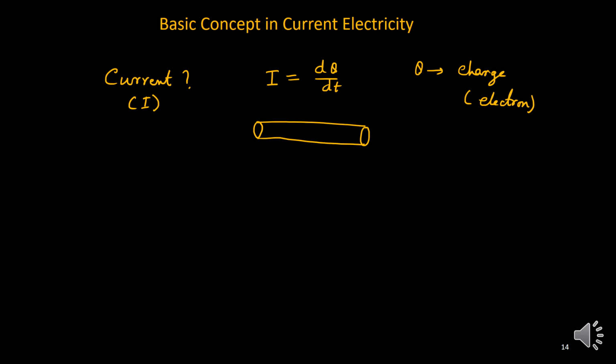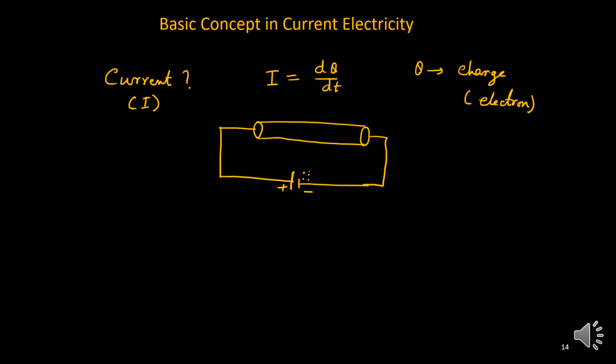To get the electrons flowing, we connect a potential source or battery to this conductor. This battery source has two polarities, two plates. This is the positive plate, and this is the negative plate. The negative plate is the source of electrons.